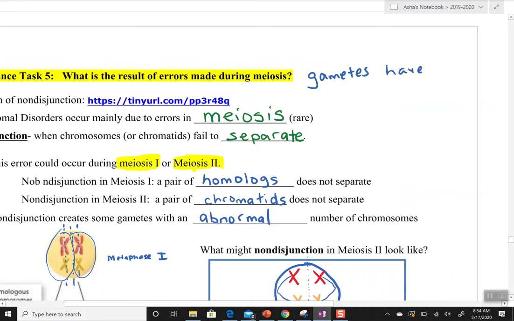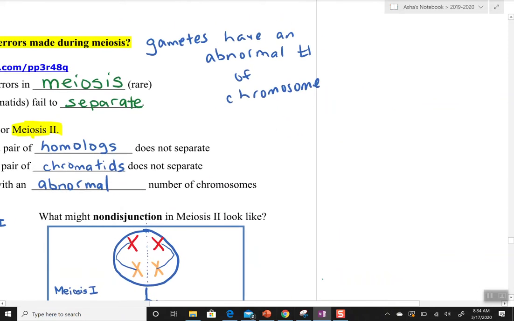And then when you have an abnormal number of chromosomes, that could lead to disease, right?